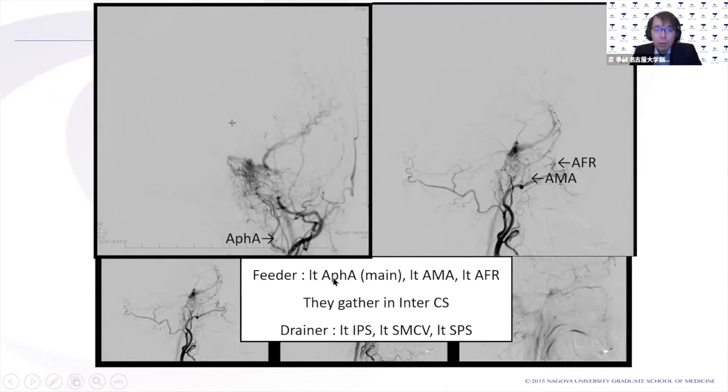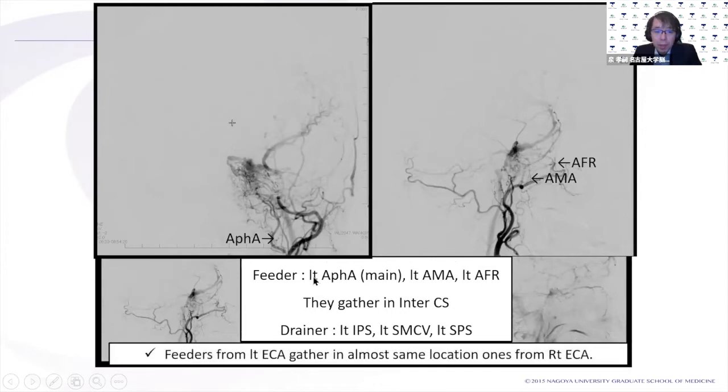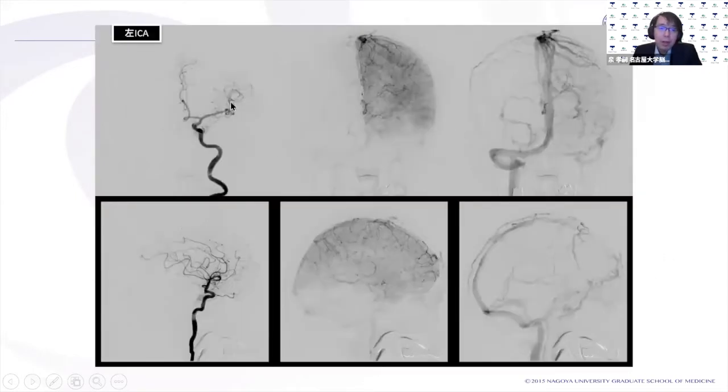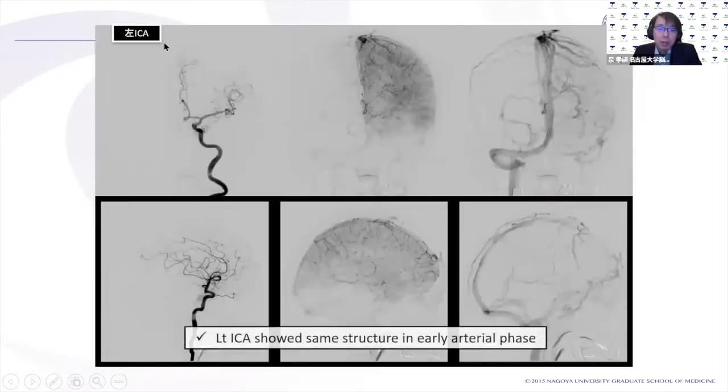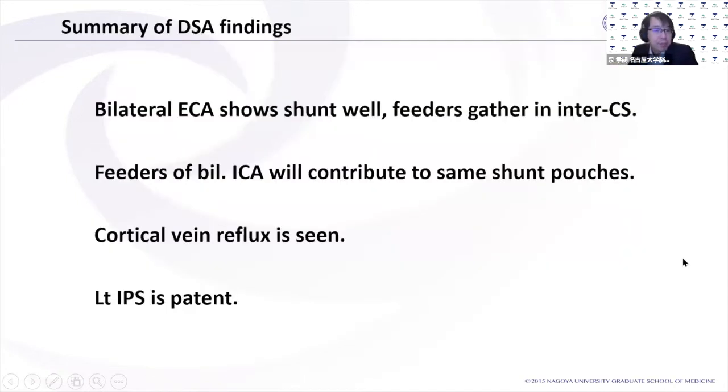The feeders have almost the same names, and they gather in the intercavernous sinus, like the right ECA. Drainage is the same. Here is the left ICA. The right ICA shows the same structure in the early arterial phase.